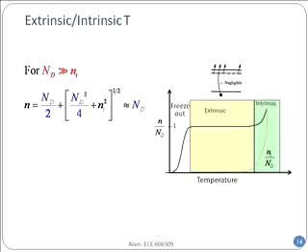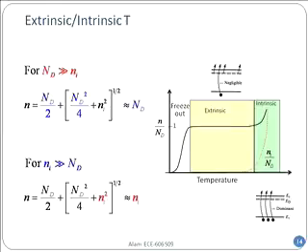Ni squared, you drop it, and you take the square root, and that gives you nd. Do you see that? nd over 2 plus nd over 2. So I will have nd if it is much larger than the intrinsic concentration. Now what happens if my temperature is very high? Very high temperature means lots of electrons are going from the valence band to the conduction band. My ni is bigger than nd.